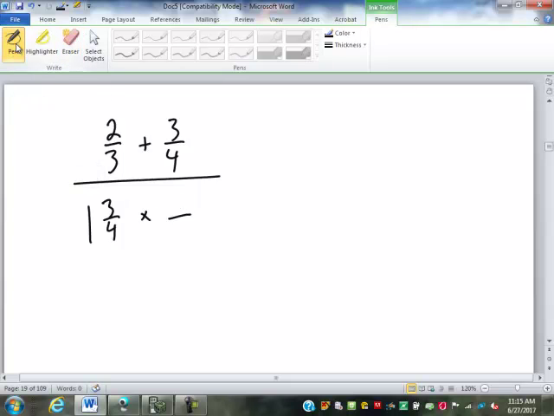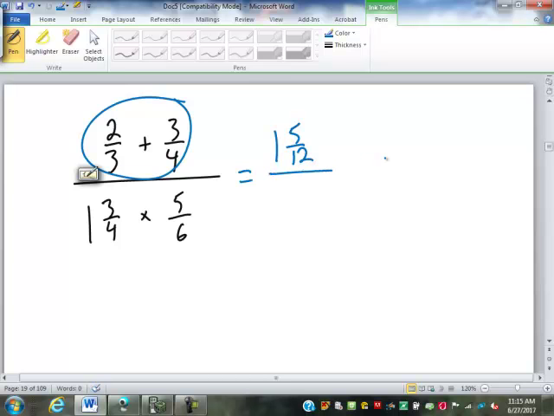Or we might have something like this. 2/3 plus 3/4 over 1 3/4 times 5/6. Well, again, we're going to add on top first. 2/3 plus 3/4 is 1 5/12. I'll let you guys do the numbers to confirm that.